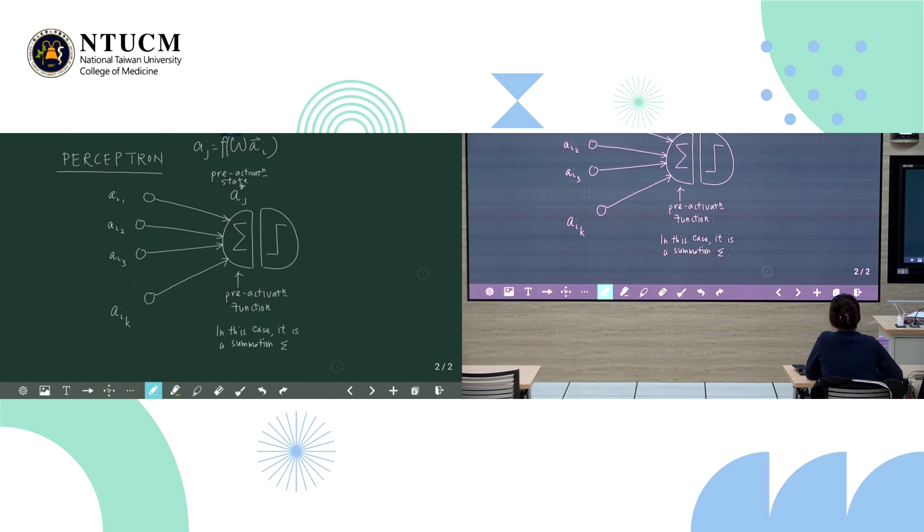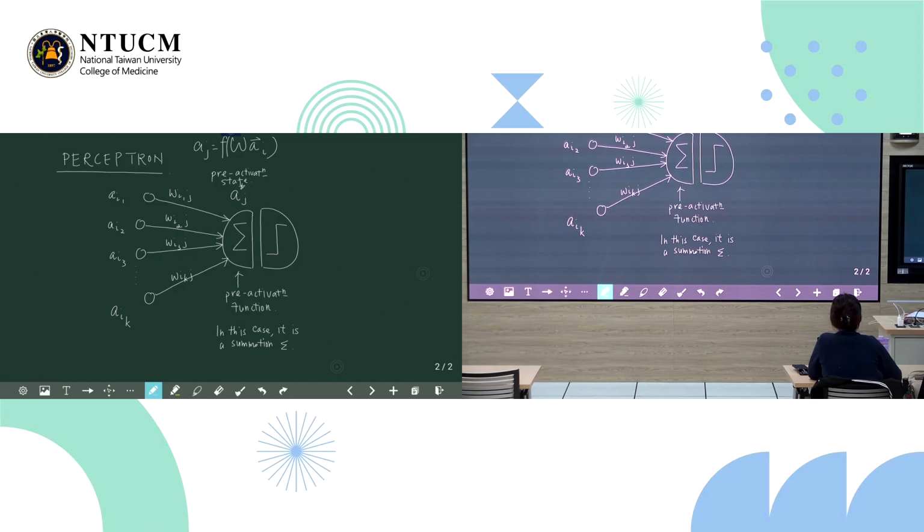I can have k input units. It doesn't have to be just 2 or 3, it can be k, many. Correspondingly, each of them will have weights, and the notation should be like this, that feed into the pre-activation state.